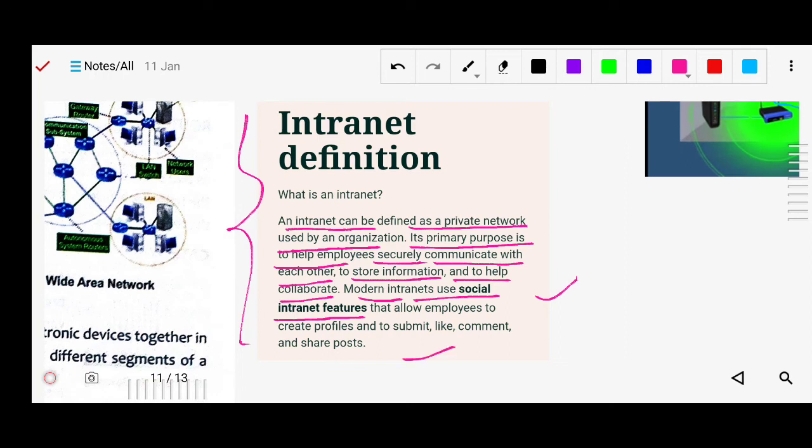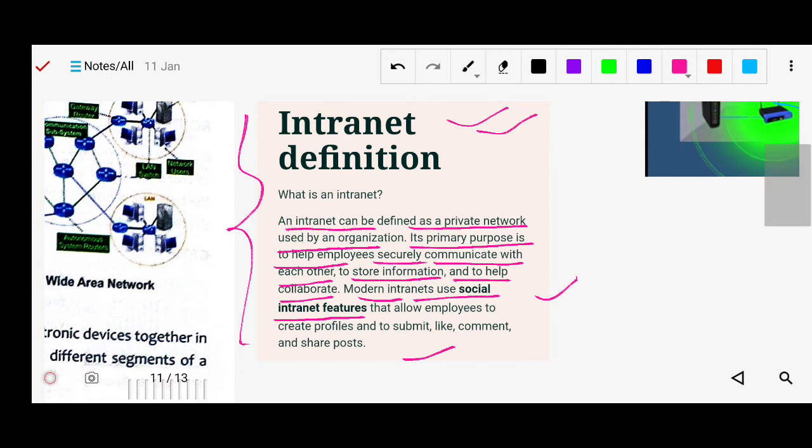It is created privately for their own purpose, to secure their information and data, like some companies have their own network. That kind of internet is called an intranet.